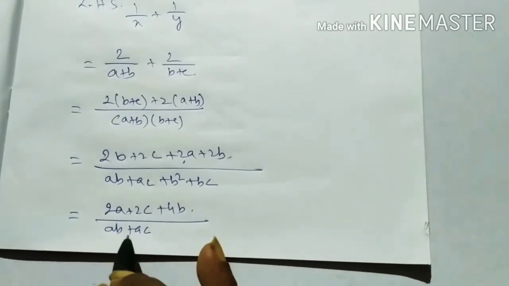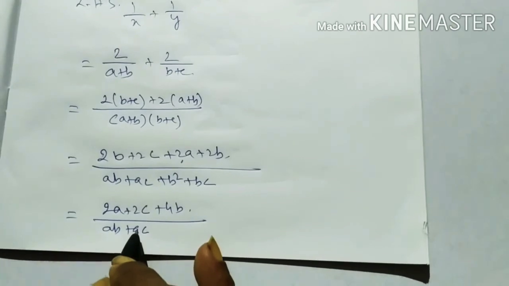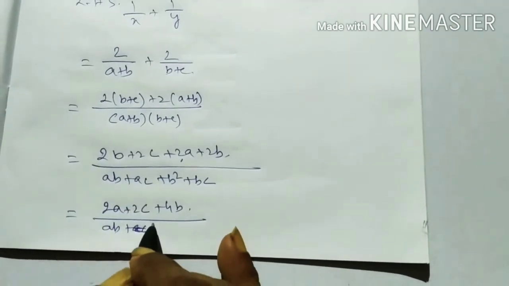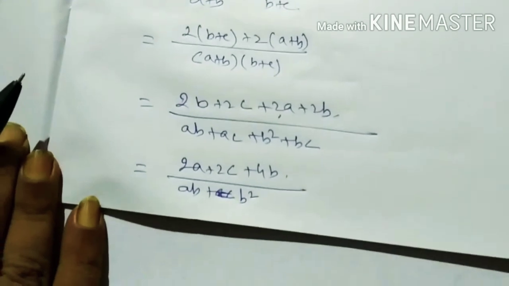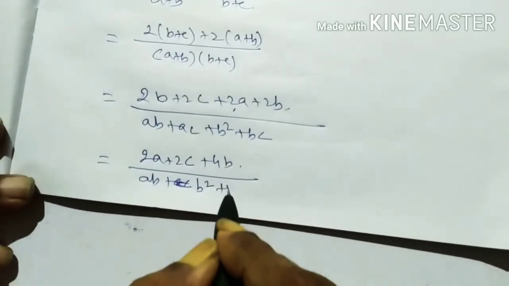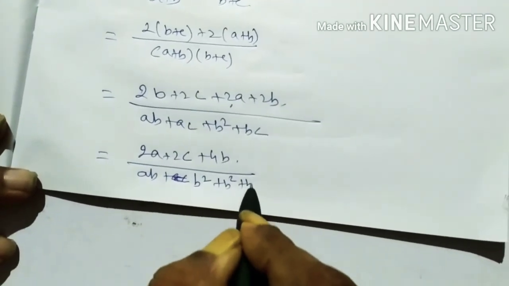Instead of AC, let me write B square. See here it is given B square is equal to AC. So instead of AC, I have written B square plus B square plus BC.